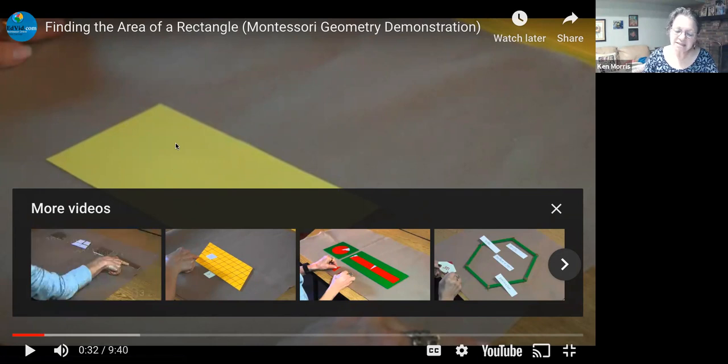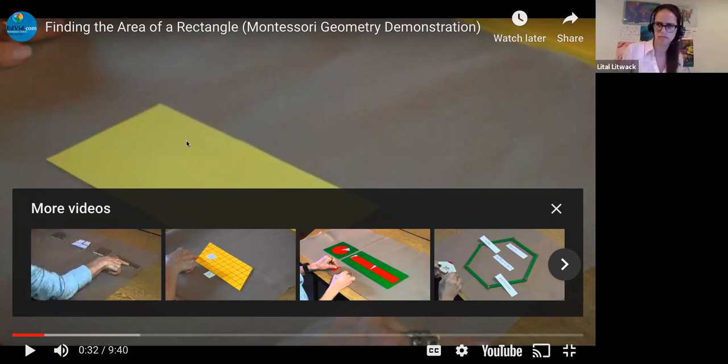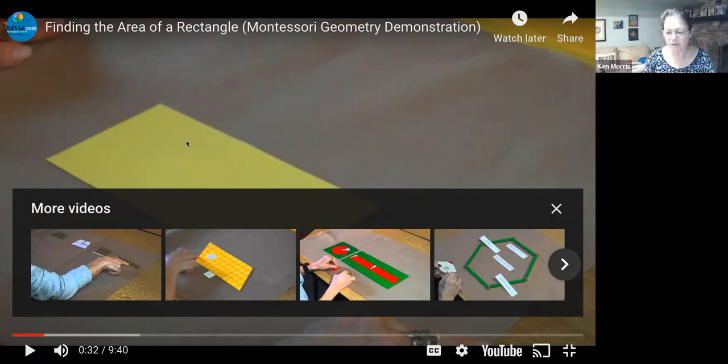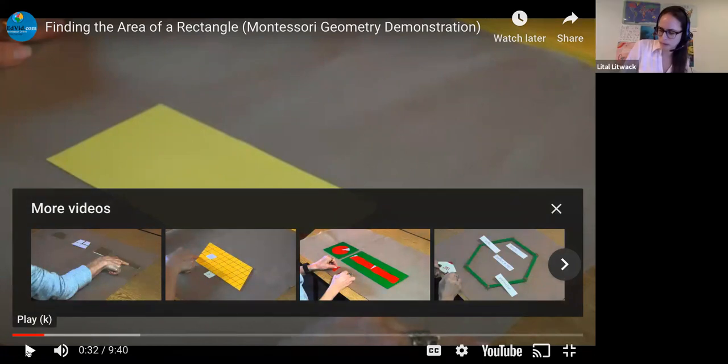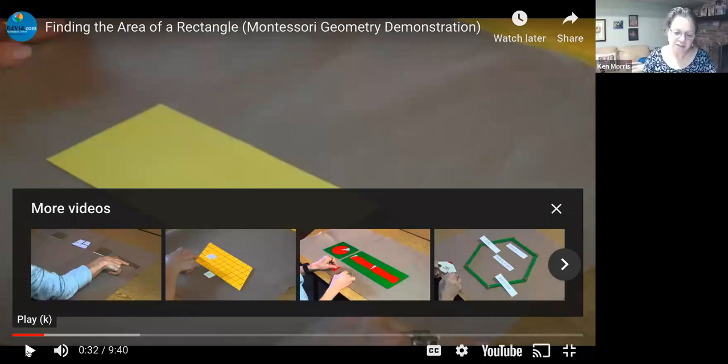I would say that these set of lessons you could give to fourth graders and then have them do the metal insets in fifth grade. You'll see what you think after you start working with the materials. I've done it both ways, so you decide. If you need some lessons for fourth grade, this might be a good way to do it.